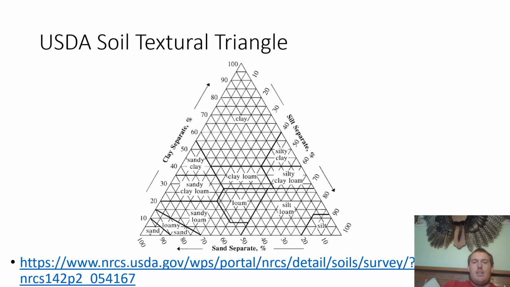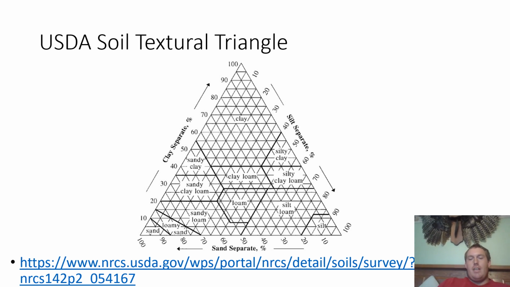So here's a soil textural triangle, and what percent of each separate you have tells you how much sand, silt, and clay is in the soil, by adding sodium hexametaphosphate to the soil and dispersing it. Then you sieve out the sand fraction of the soil on a sieve of 0.05 millimeters diameter.